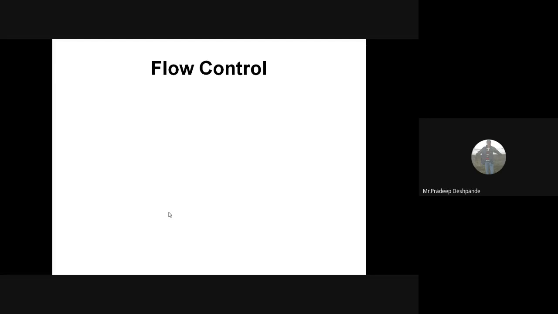Sometimes you may not need to execute the program continuously from the first line to the last line. You may need conditions. You may need some loops. You may need some break or continue statements so that we can have a repetition of some of the code like that. So that is called flow control. Here we may study if condition statements, looping statements, all those things in this particular chapter.